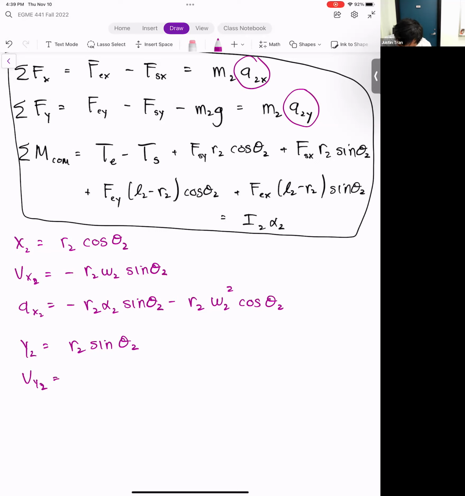Take the derivative and we get the velocity, R2 omega 2 cosine theta 2.